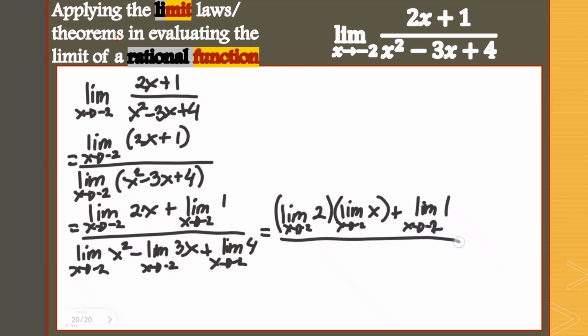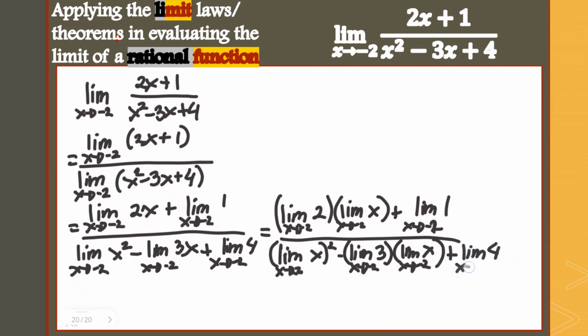All over, we have here the limit of x, you square that, that's for the power, minus the limit of 3 as x approaches negative 2 times, that's negative 2, the limit of x as x approaches negative 2, then plus the limit of the constant 4 as x approaches negative 2.